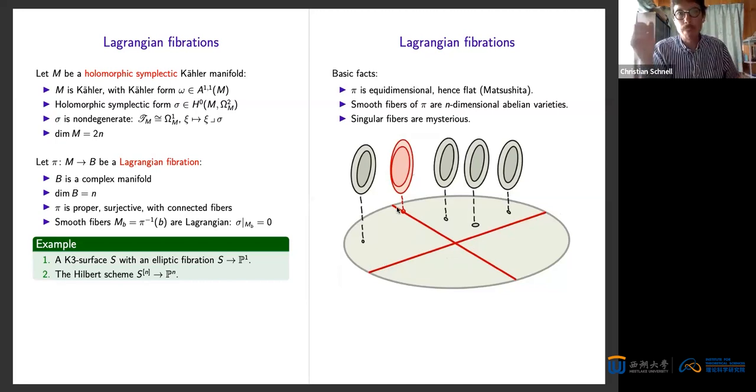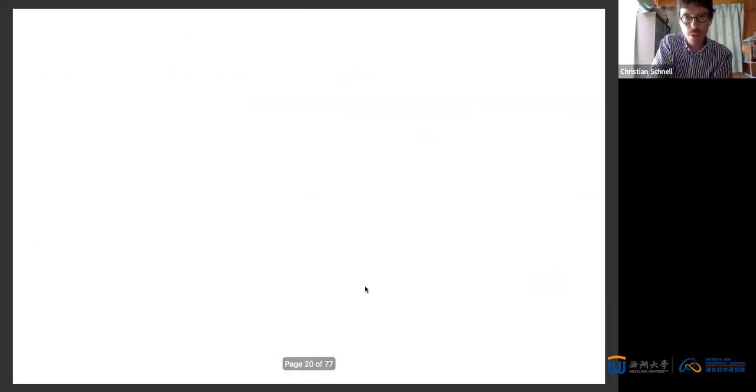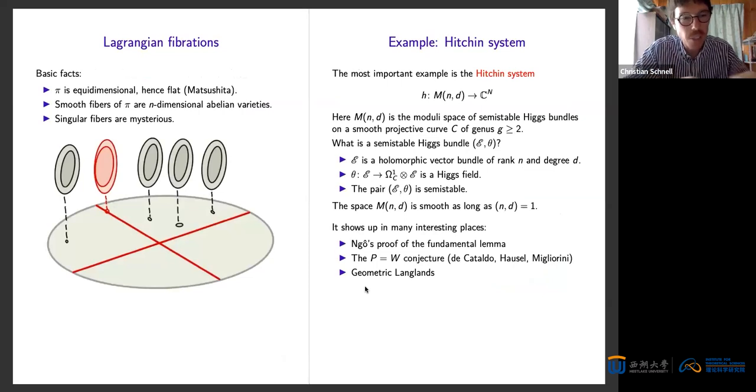Okay. So let me give one very interesting non-compact example. I showed you 2 compact examples, but the main interest of this problem is in the non-compact case. And so the most important example of a Lagrangian fibration altogether is the so-called Hitchin system. In this Hitchin system, the manifold upstairs is the space called MND, a moduli space whose points parameterize semi-stable Higgs bundles.